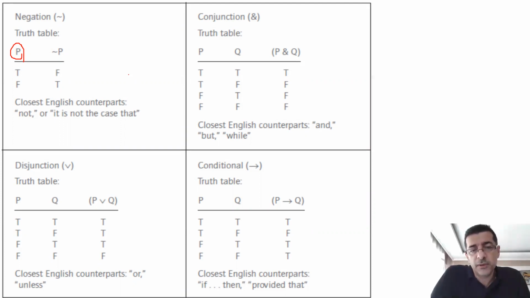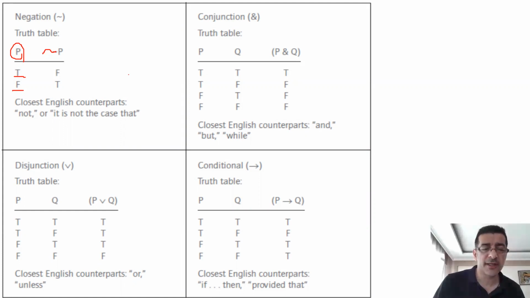It could be either false or true. So as you can see here on the slide, I put here a T and F. Then we said that the negative form of that is negation, the tilde negation operator, right? Then we will have the opposite values for this proposition.